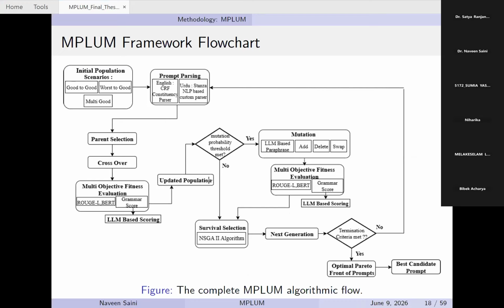Anyway, so I'm discussing the Emplum framework. Because this Emplum framework is based on the genetic algorithm, the first step is to initialize the population. Population initialization can be done in three different ways: good to good, worst to good, and multi-good.